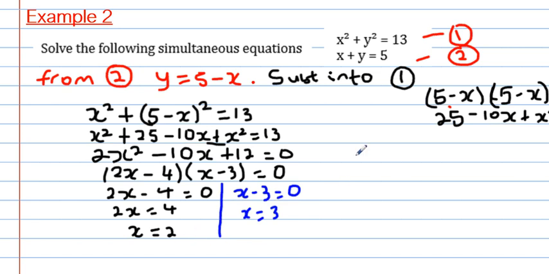So when x is 2, we want to substitute it into here. We're going to have x plus y equals 5. That's the equation we're using. So if I substitute x is 2, 2 plus y equals 5. Then of course, y will be 3.